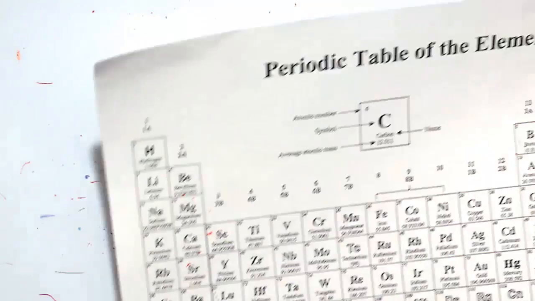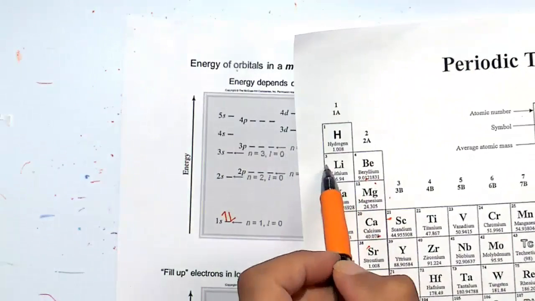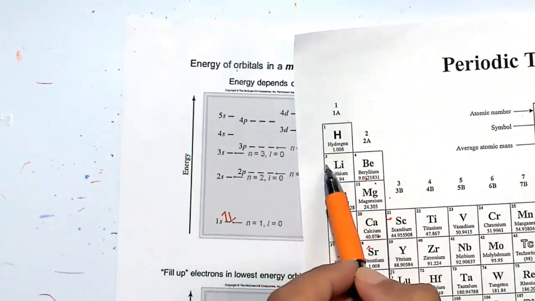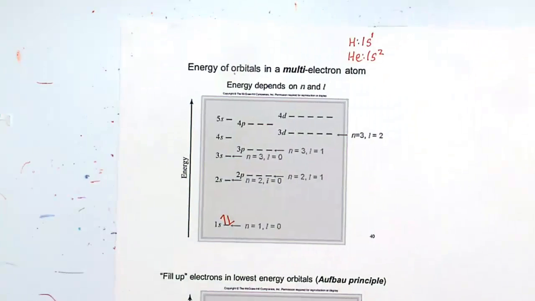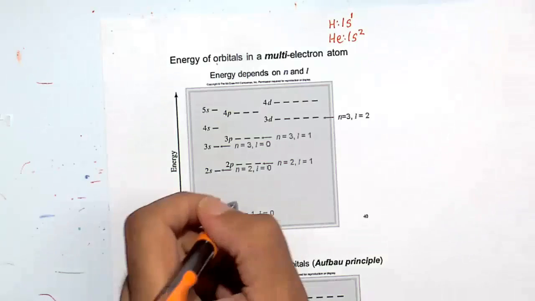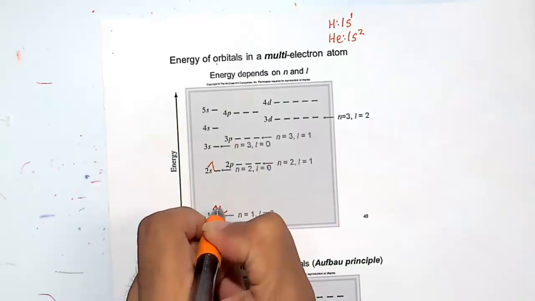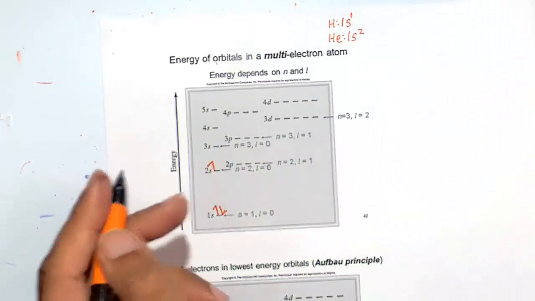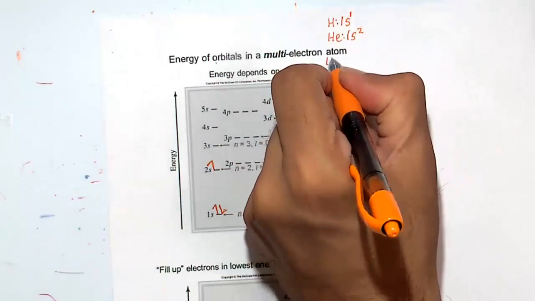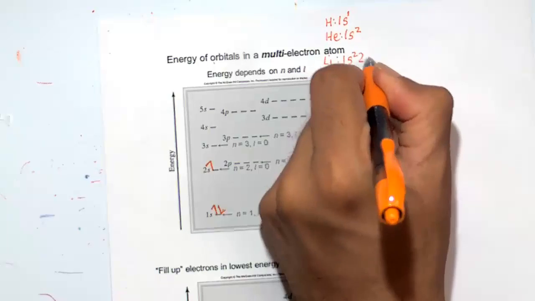All right, next one on this list here. Lithium. How many electrons in lithium? 3. So where will that third electron go? Right here. So 1s, 1 electron, 2 electrons, 3 electrons. So the electron configuration of lithium is 1s2, 2s1.